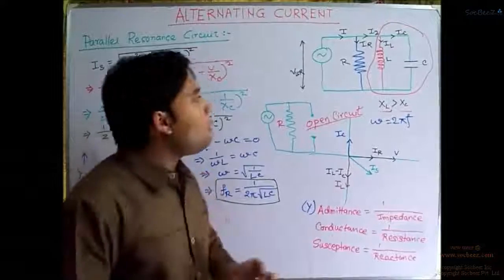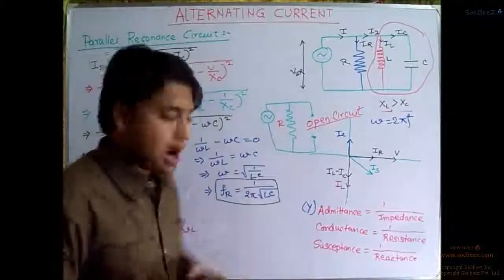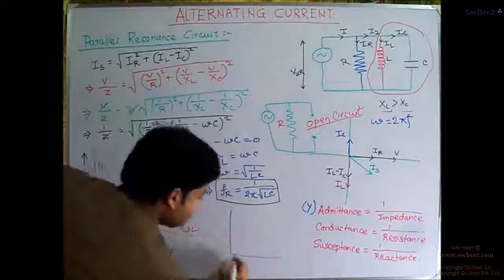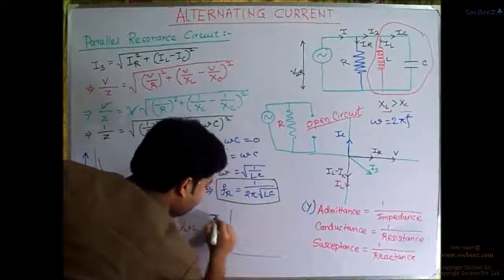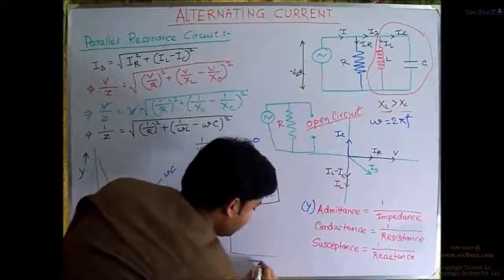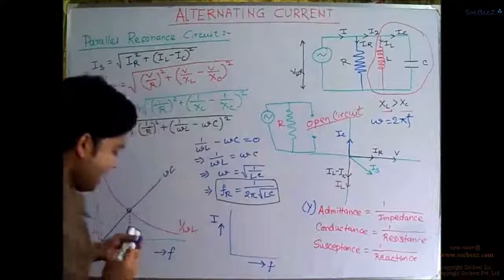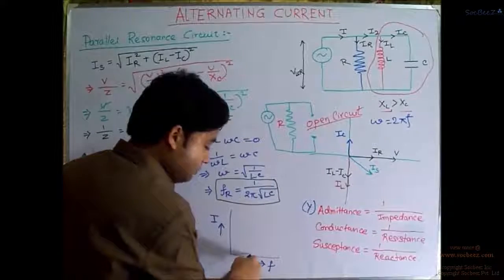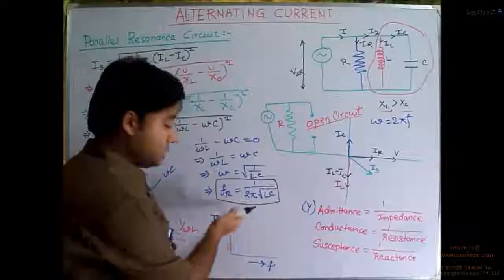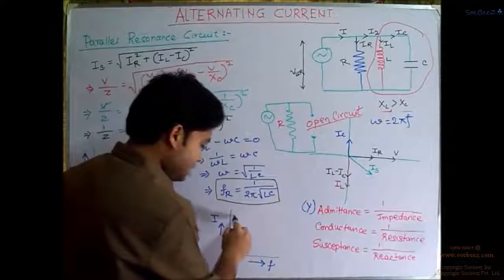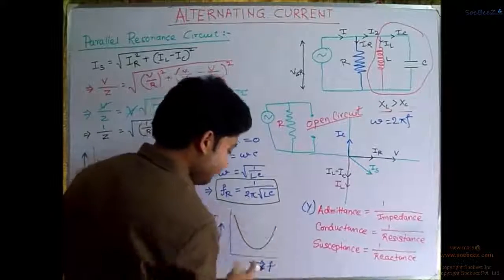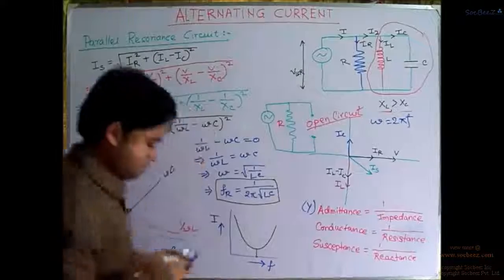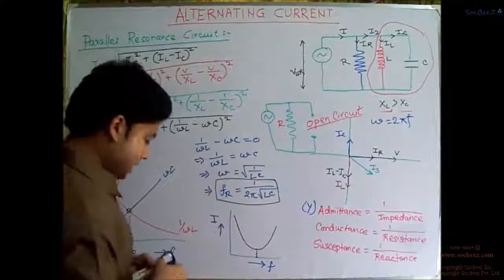The minimum. But obviously if there is a certain amount of R, we can see the graph like this: if we take I on this axis and the frequency on this axis, then if there is no R, this I will simply come to 0 at the resonance frequency. But if there is R, the I will be like this. So at this particular point, the I is becoming the minimum.